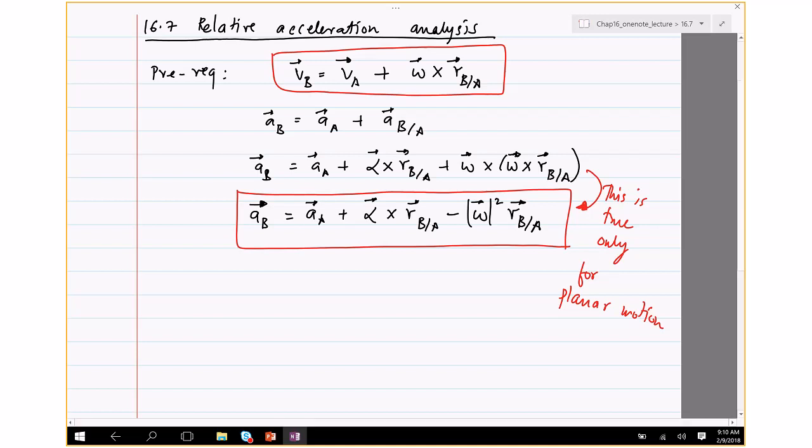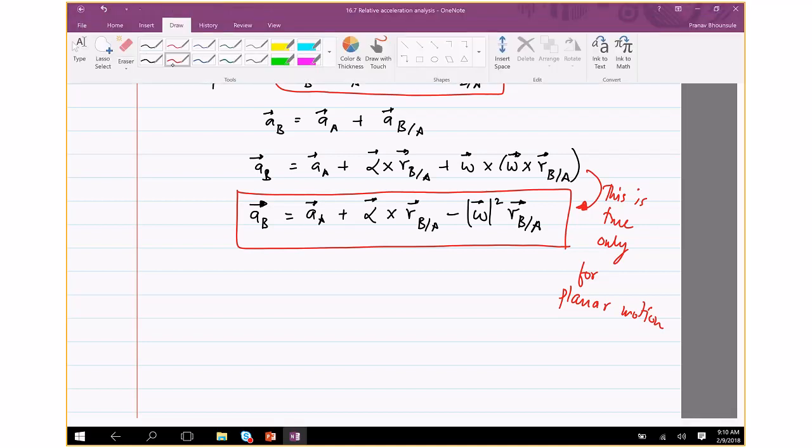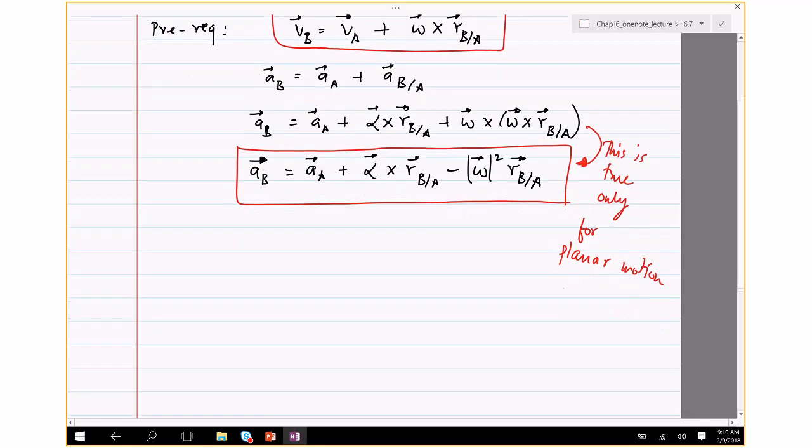But if you're doing 3-dimensional analysis, do not use this. I'll just give you an intuition about that formula, but you should read the book for more details about this formula.